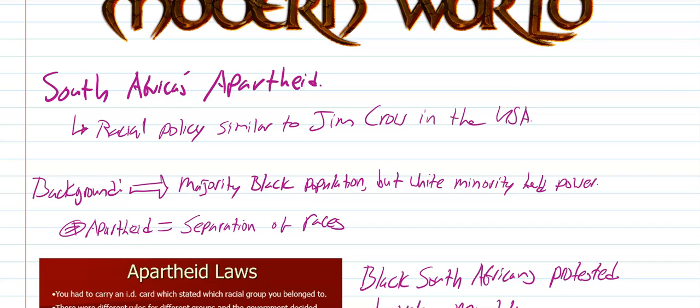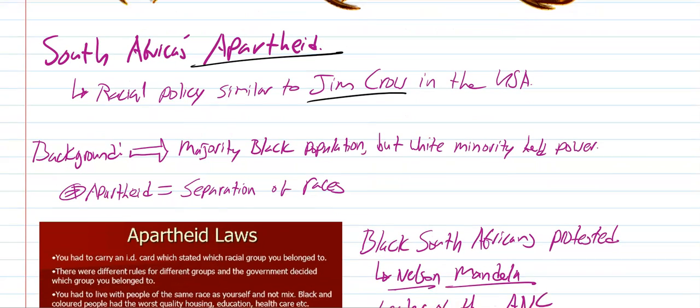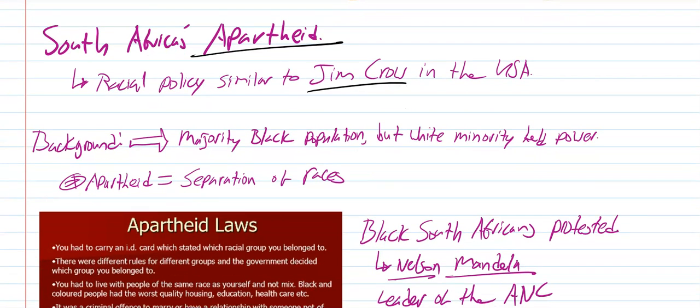And so the racial policy of apartheid is very similar to Jim Crow in the United States South. One big difference here, though, is that in the U.S. South, there was still a majority of whites and a minority of blacks.